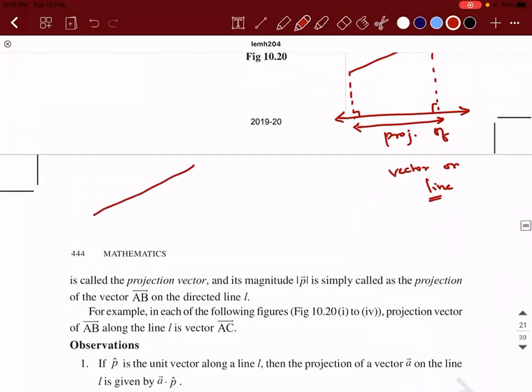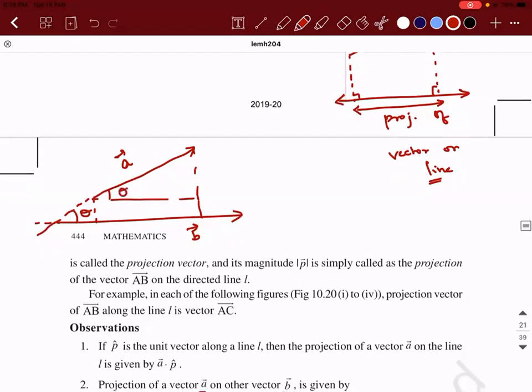Okay. Say this is A vector and this is B vector. If I extend it in the backward direction, then I get this as theta. Correct? So from here, if I drop a perpendicular, then this angle is also going to be theta. Then how much is this distance, guys? So the distance between A and B is how much? It is A cos theta. Accepted?